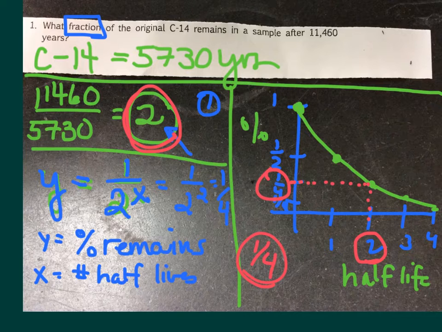So for those of you who have dedicated yourselves to memorizing the graph rather than the equation, here is a simple way to remember the graph. On the x-axis, it's just whole numbers: 1, 2, 3, 4, 5. On the y-axis, the highest we go is 1, because you can never go above 100%, right? I know, everybody's all like, oh, 110% effort. That doesn't actually exist.